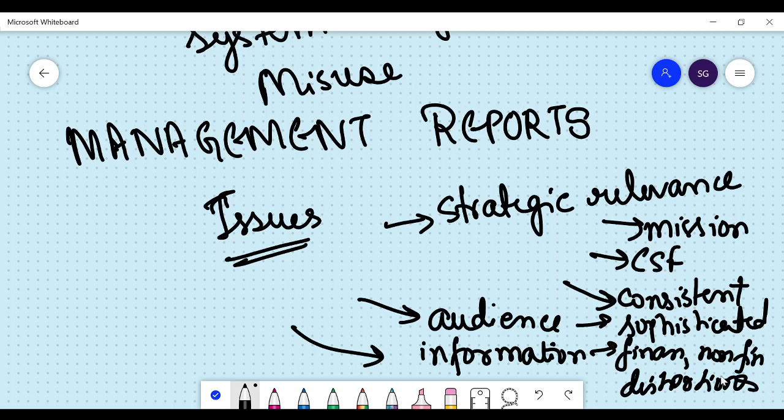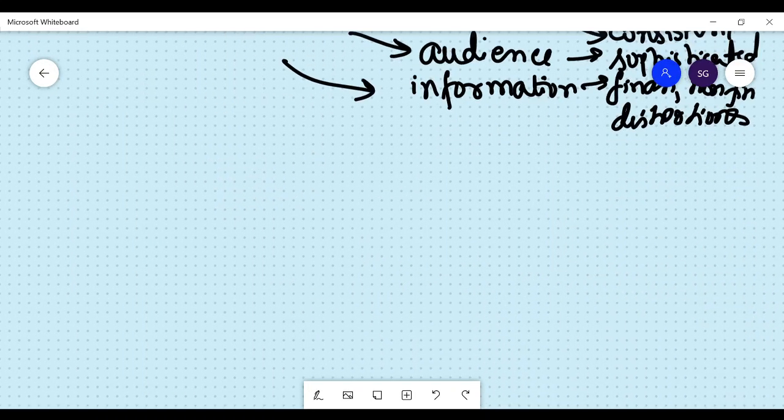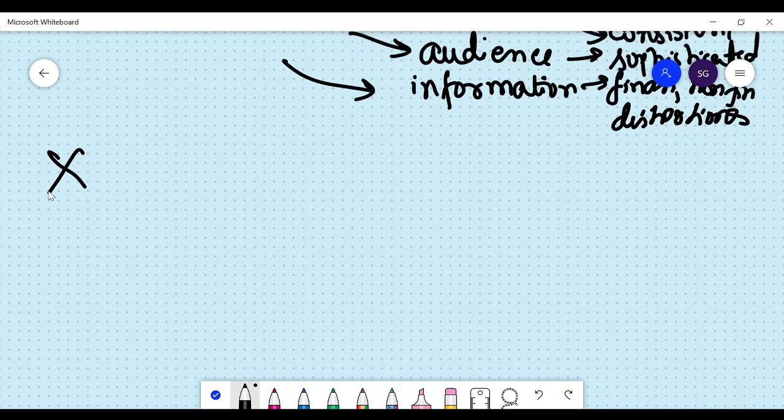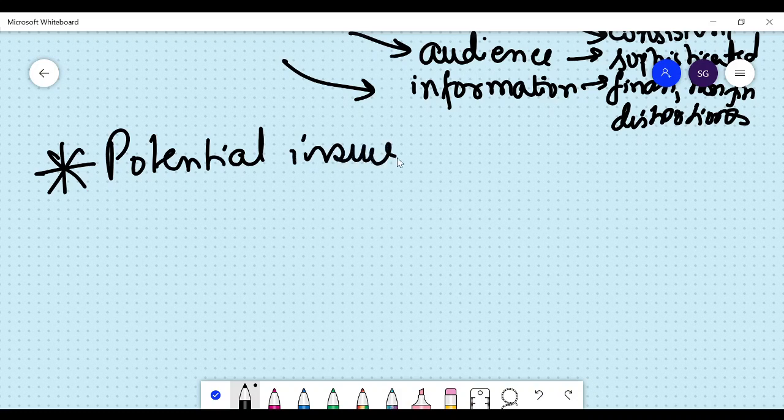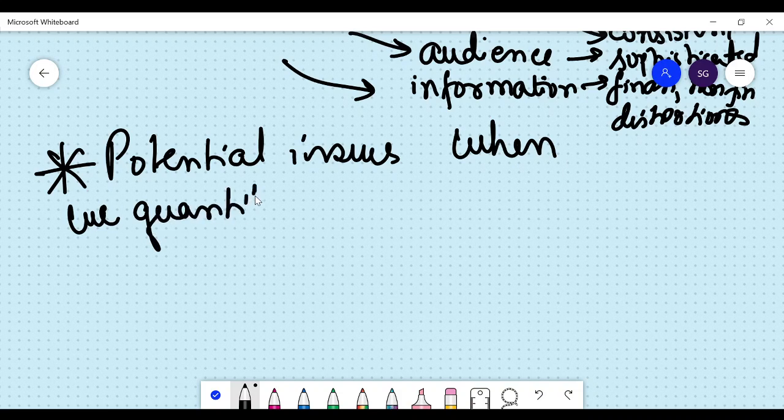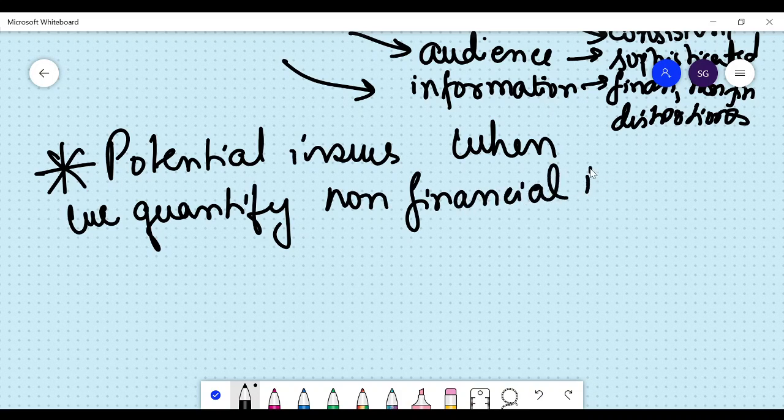Potential issues when we quantify non-financial information.